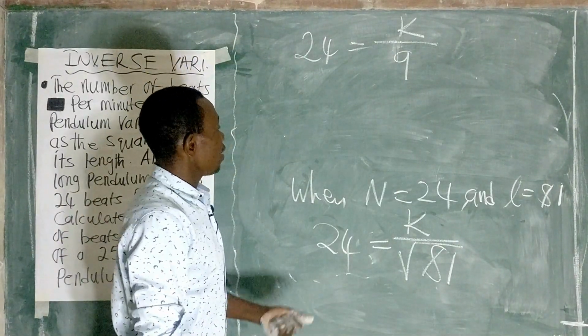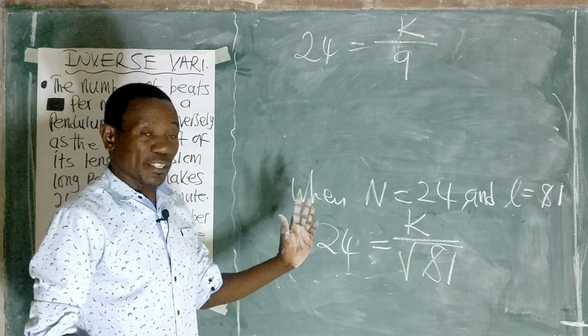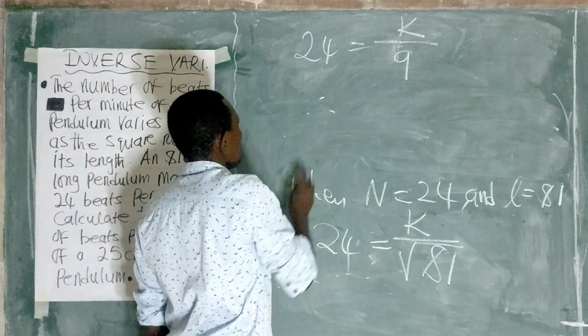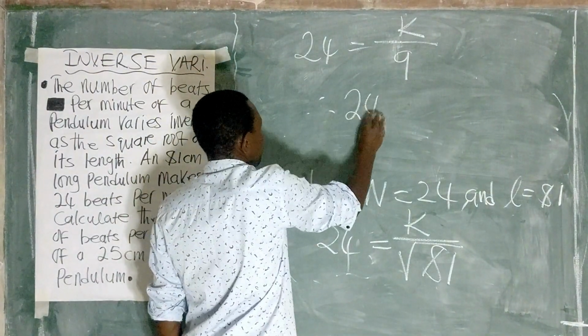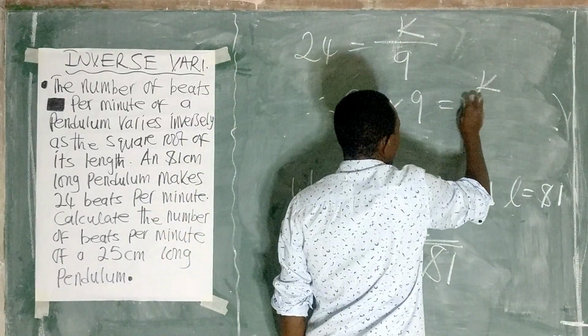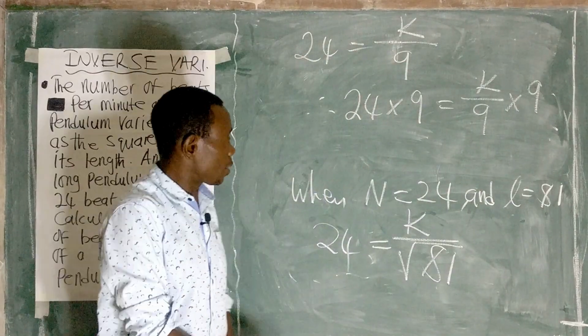So to find the value of k, you just have to multiply both sides by the denominator, which is 9. So I have to multiply 24 by 9, and on this side I have k over 9 times 9.